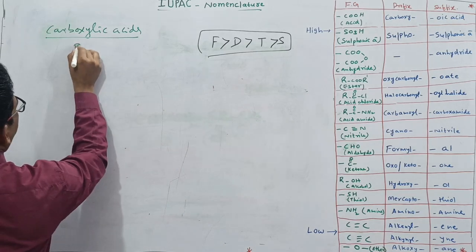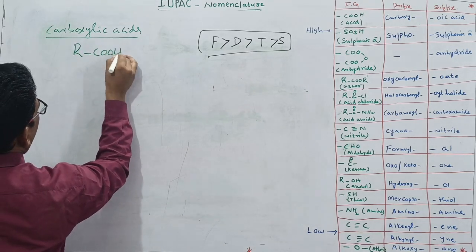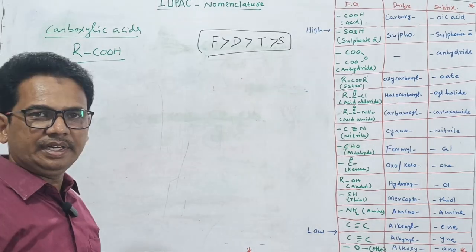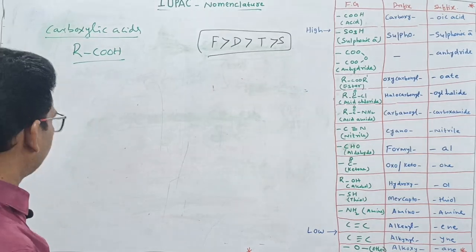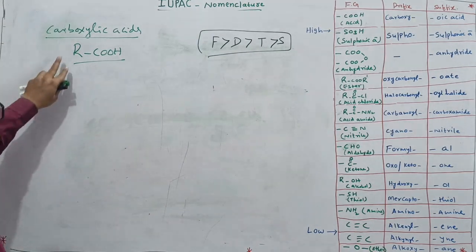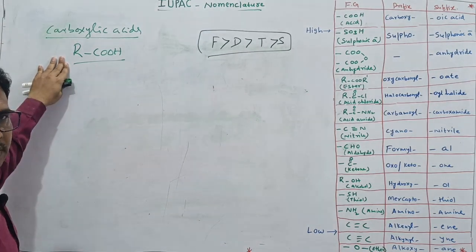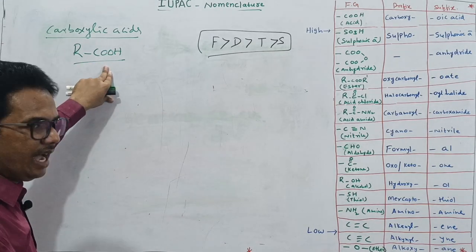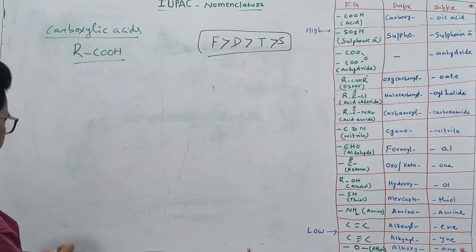It is represented by RCOOH, because R is nothing but any alkyl group, aliphatic or aromatic, that will be attached to the carboxylic acid group.